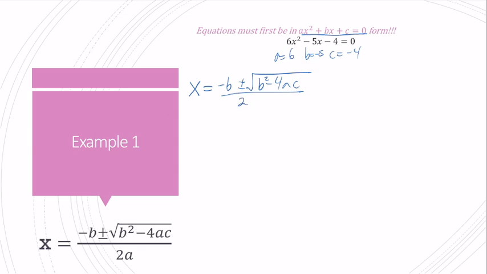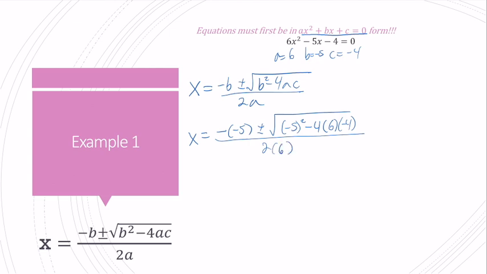So x is a negative 5, plus or minus the square root of negative 5 squared minus 4 times a times c all over 2a. So x becomes a positive 5 plus or minus the square root of 25 minus 4 times 6 is 24.